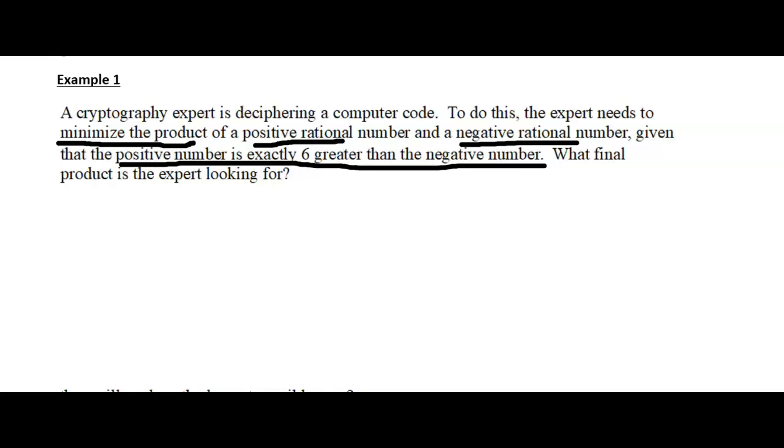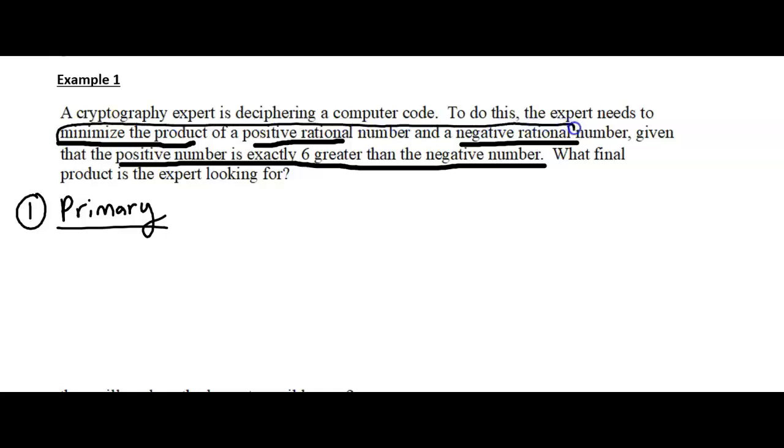All right, so step 1 is to identify your primary equation. As I mentioned in the beginning, the primary equation is what you're trying to minimize. What am I trying to minimize? The product of a rational number that is positive and a rational number that is negative. So I'll put P for product.